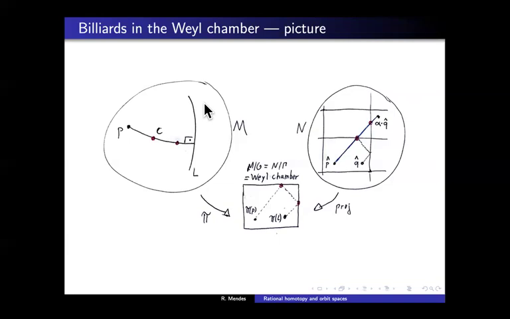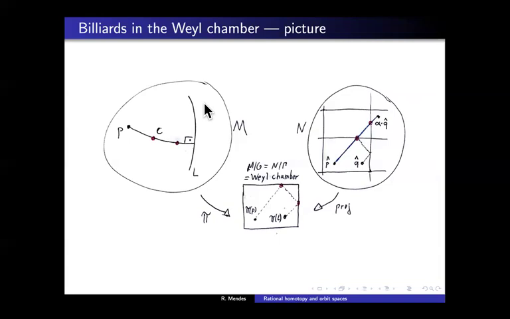If you take pi of P and pi of L and choose inverse images of them in the same fundamental domain in N, which I call P hat and Q hat, then those billiard trajectories are just geodesics in N that end at a certain point, which is related to Q hat by a certain unique element of the group gamma. So as you move around the group gamma, the element alpha selects different Weyl chambers. And this is a manifold without conjugate points, so every two points have a unique geodesic between them.